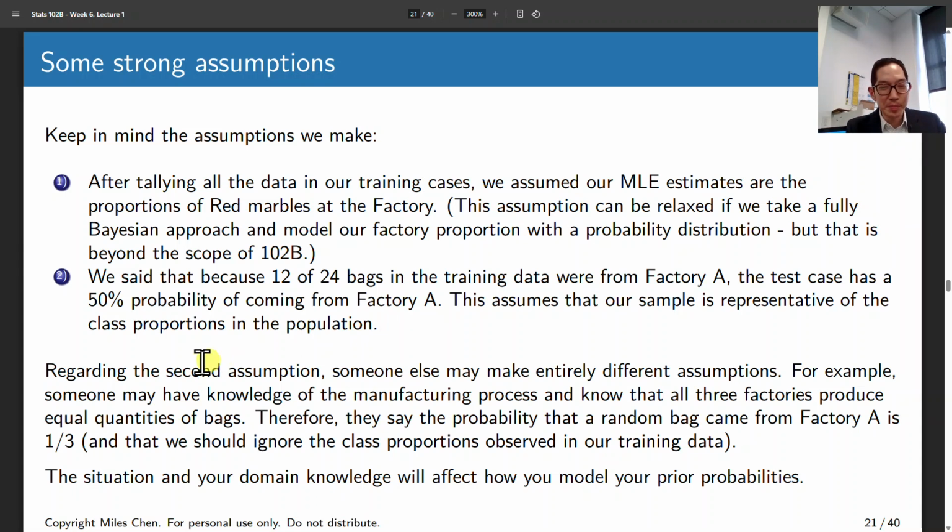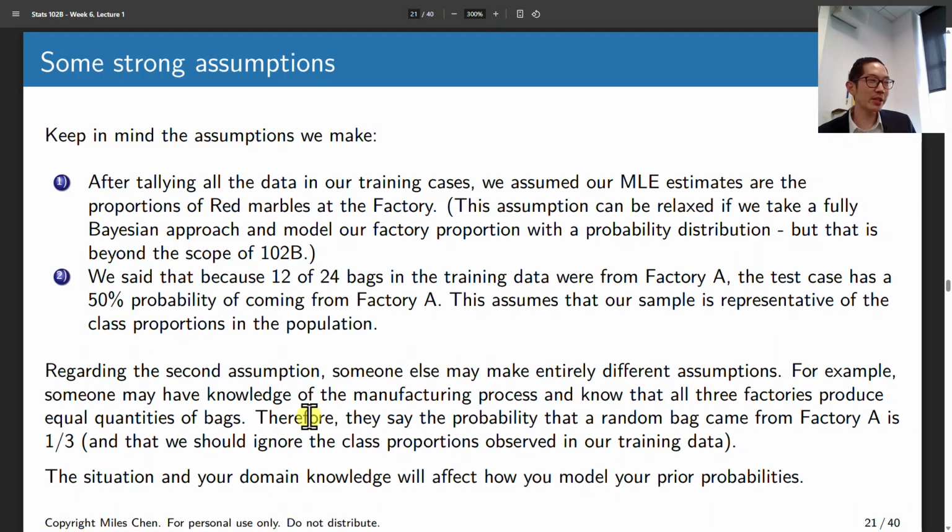Someone else might make entirely different assumptions. For example, somebody with insider knowledge might know that all three factories, Factory A, B, and C, have the same output, and it's not like one factory is more productive than the others.